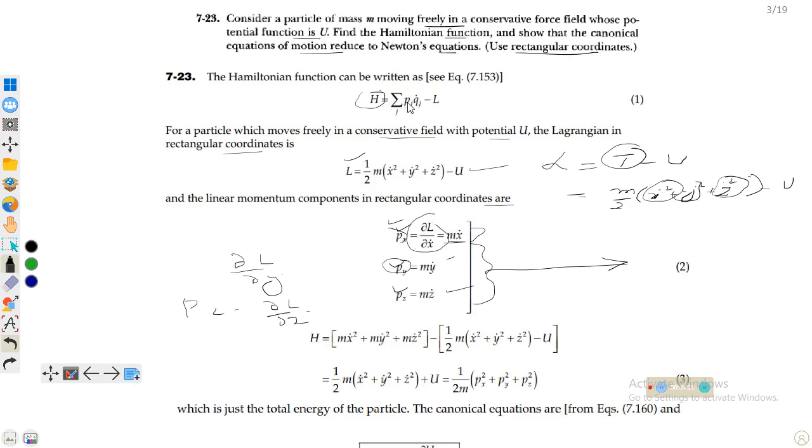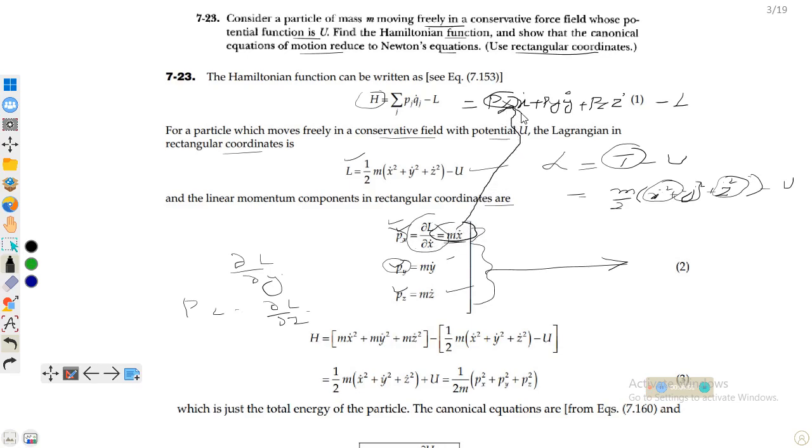If we expand this, it will become p_x x dot plus p_y y dot plus p_z z dot minus L. So p_x is equal to m x dot.